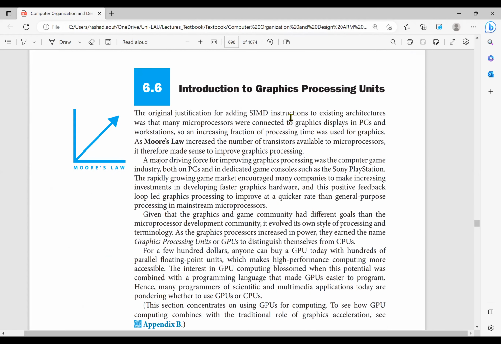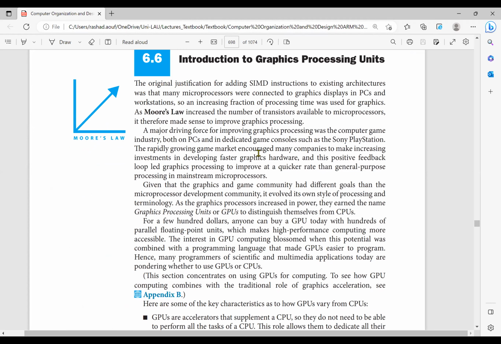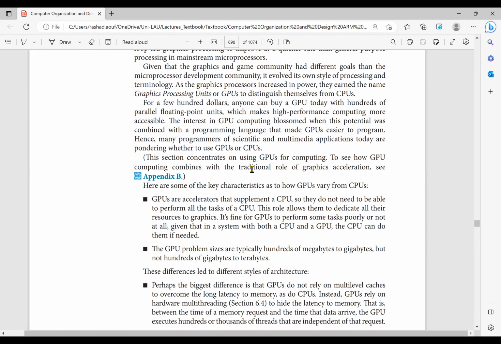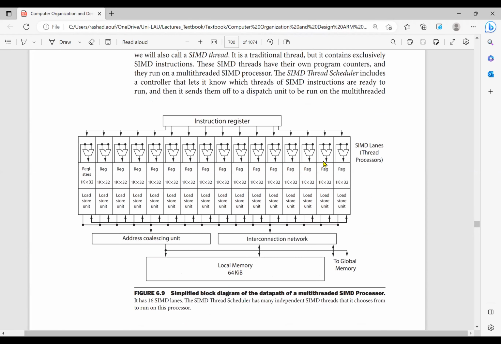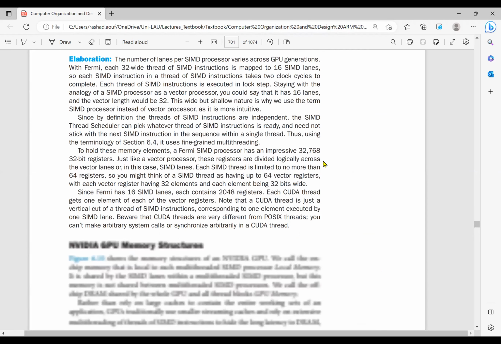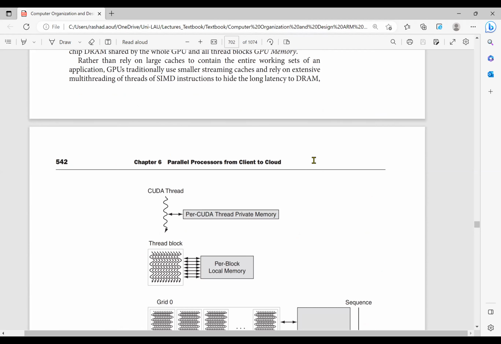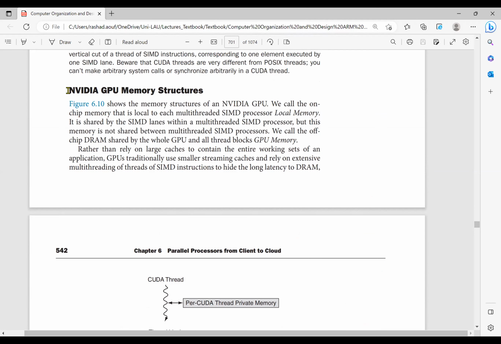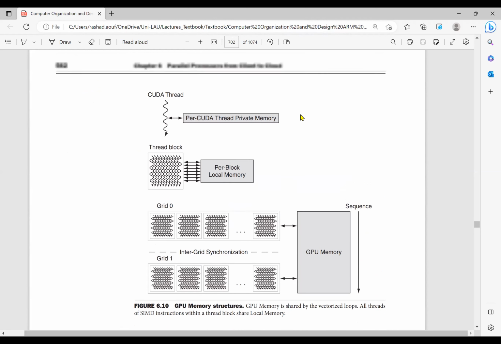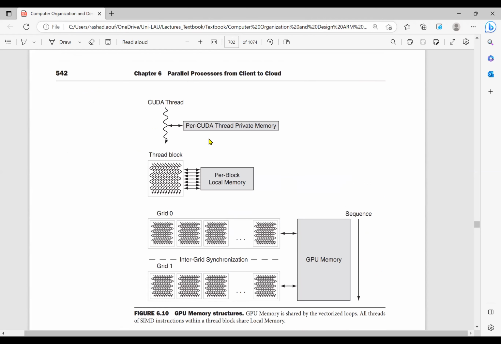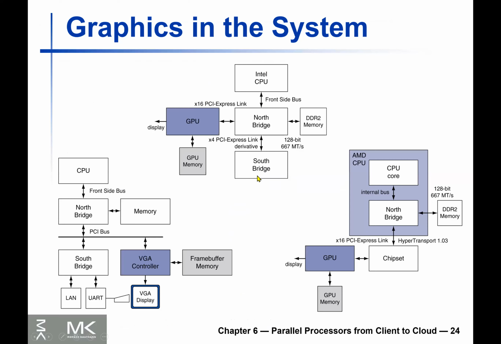Okay, the graphics processing unit. This is an example of it, the structure for it, which is given also. Please make sure when you want to get more details, please refer to the textbook.